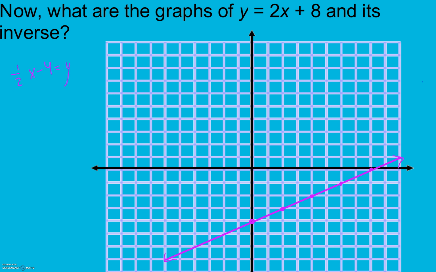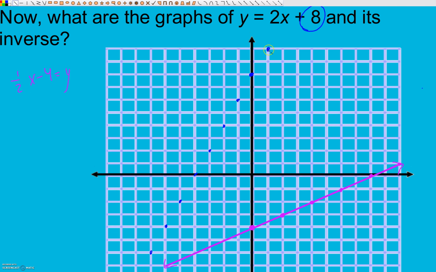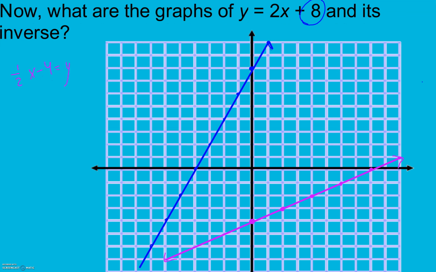Okay, now my original function, intercept is at 8. I'm going to go up 2 over 1. I can also go down 2, back 1. And connect those. And arrows.